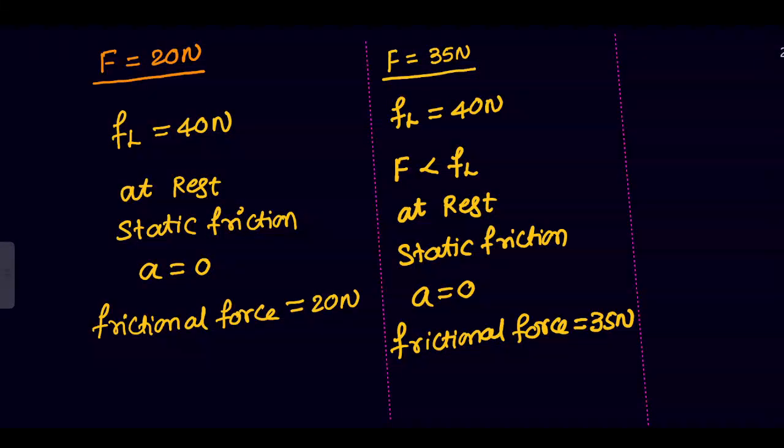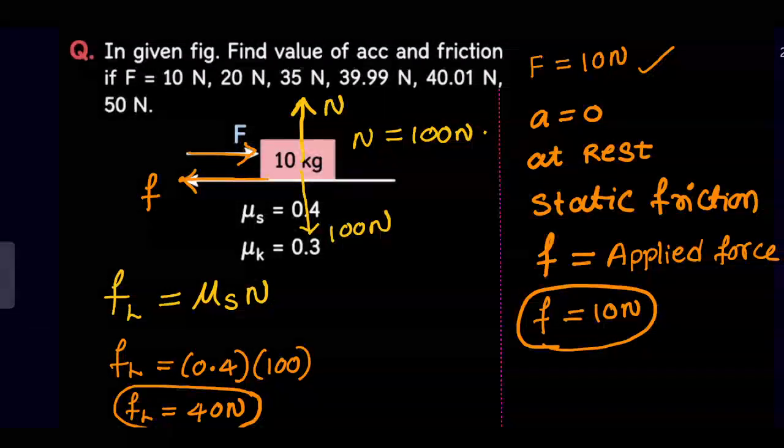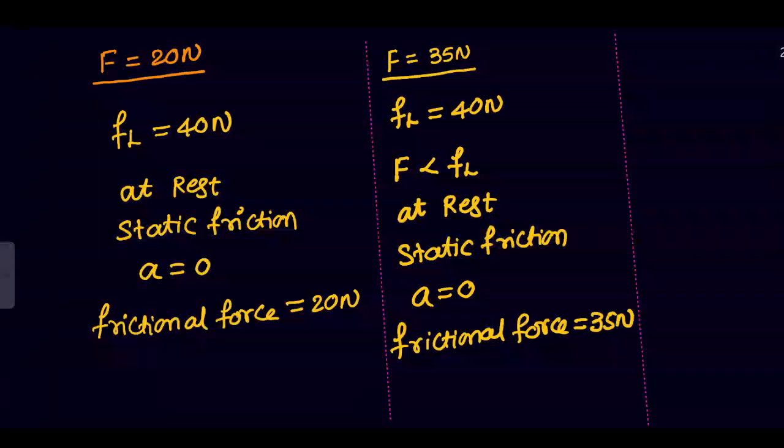Right. Next one. We have taken values like 39.99, and the limiting friction we have is 40. That's why we have taken 39.99. What will happen? Tell me now please. How much is the applied force in this case? 39.99 newtons.